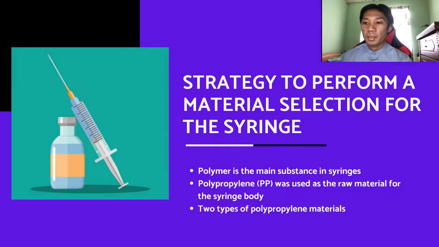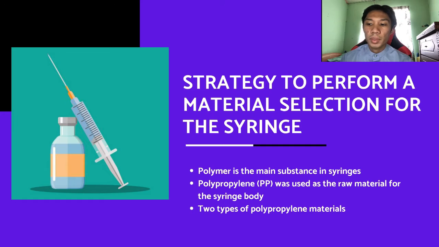The second part is strategy to perform a material selection for the syringe. First, polymer is the main substance in syringe because the most common polymers used in industries are polypropylene and polyethylene. Second, polypropylene was used as the raw material for the syringe body. It's critical to research the quality of the material that will be used in this investigation.